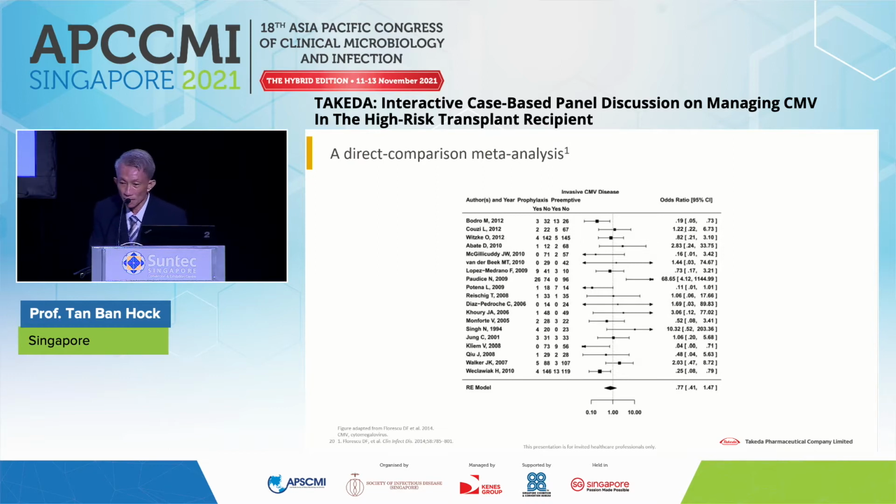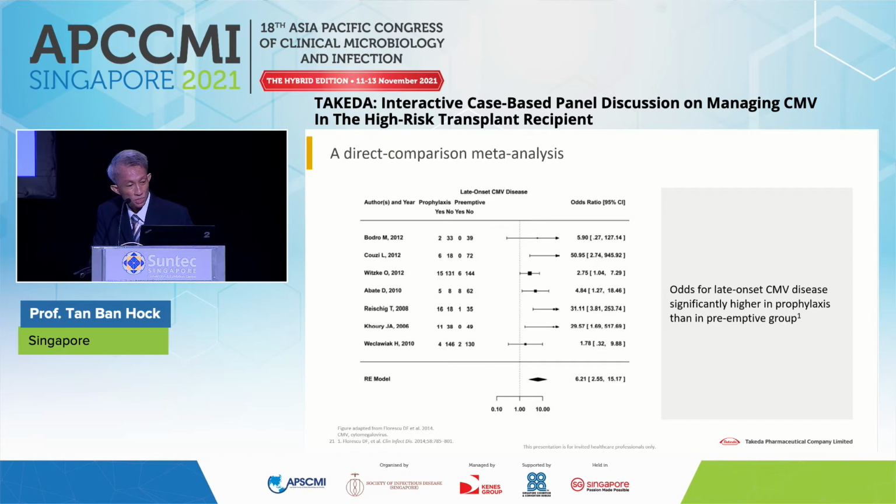This is a direct comparison meta-analysis. And if you look at the endpoint of invasive CMV disease, then there appears to be no difference whether it was prophylaxis or preemptive. But in terms of late onset CMV disease, obviously there is more of it in the prophylaxis arm.